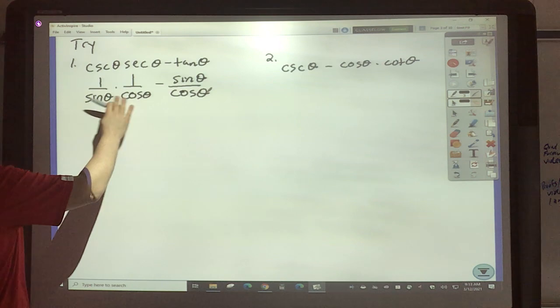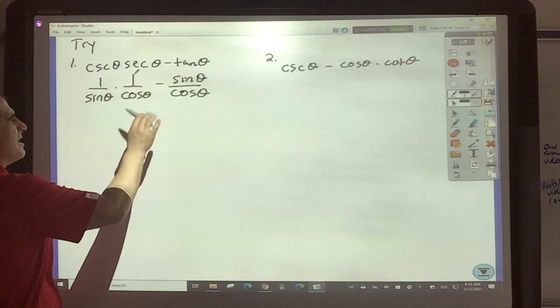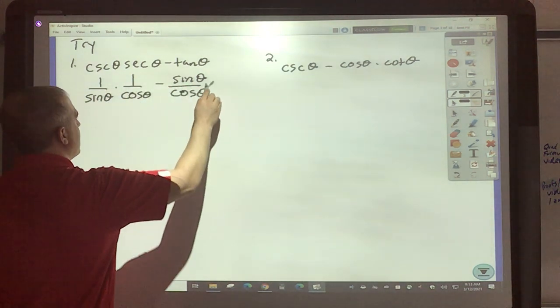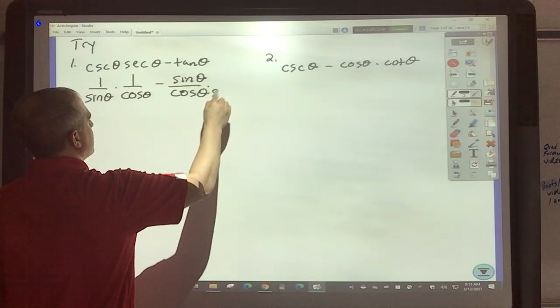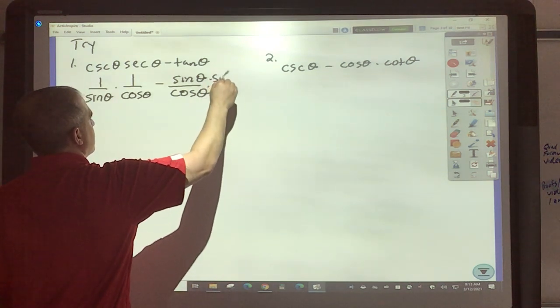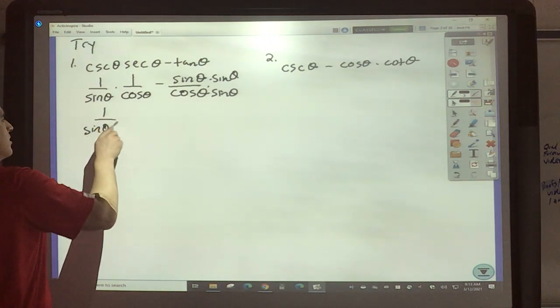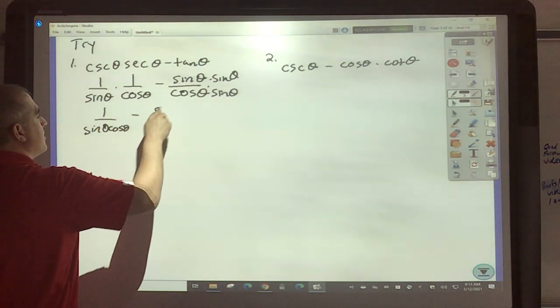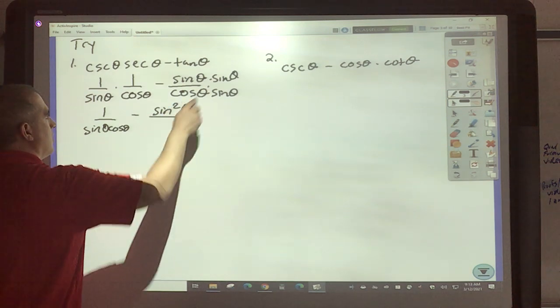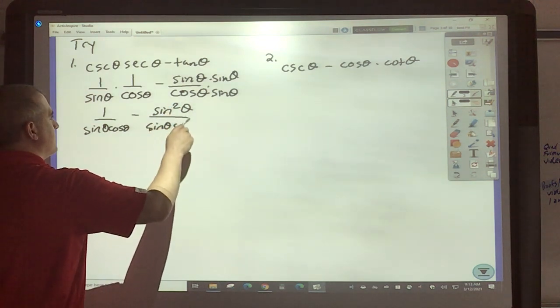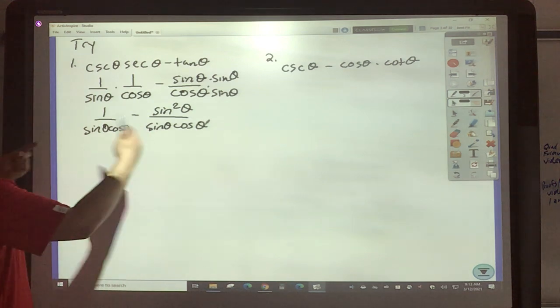What's this side missing? I can't eliminate anything. This one is missing a sine of theta and a sine of theta. So what I've got is 1 sine of theta cosine of theta minus sine squared over, we'll just write it in the same order, it does not matter.